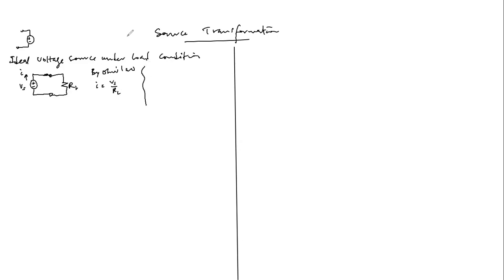And now, what's the limitation here? The limitation here is that when RL is the same as 0, that is, replaced by a short circuit, then I will tend to infinity.